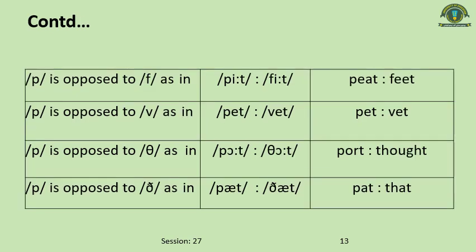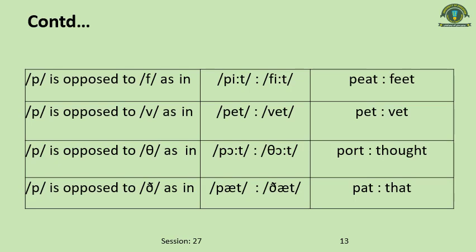Our next example is /p/ as opposed to /f/, as in peat and feet. /p/, e, t, peat. /f/, e, t, feet. Look at the spellings: P-E-A-T, peat, and F-E-E-T, feet.